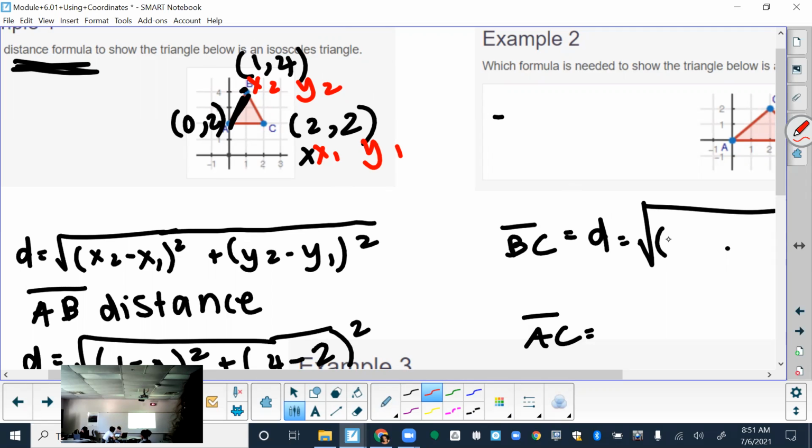So if I do it this way, x2 is 2. Oh, it's 1 actually, sorry. 1 minus x1, which is 2, squared, plus 4 minus y1, which is 2.